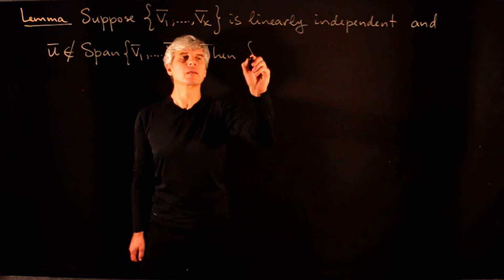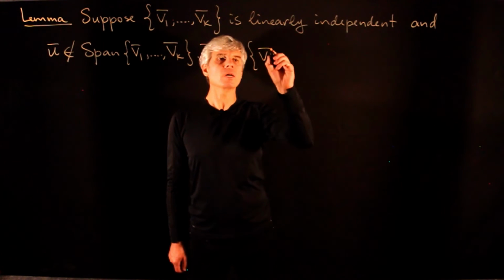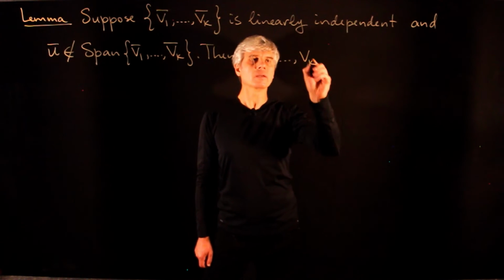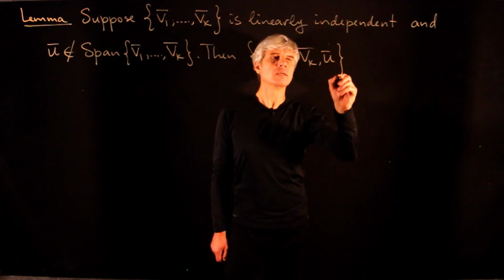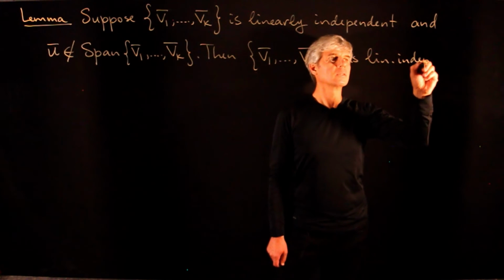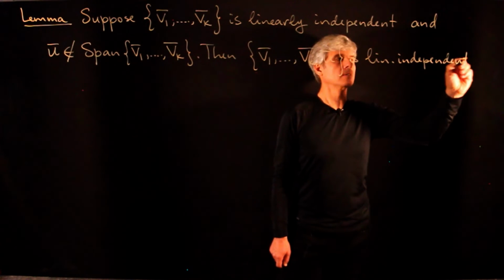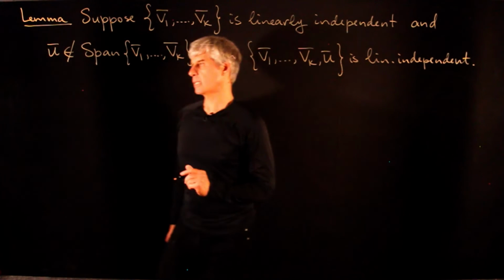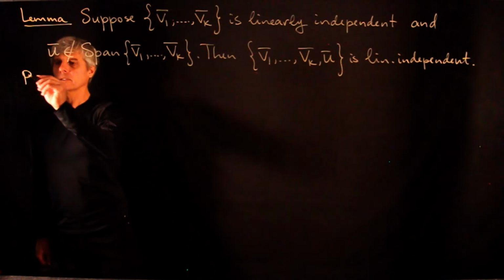Then the larger set v1 through vk together with u is linearly independent. So let's prove this lemma. Proof.